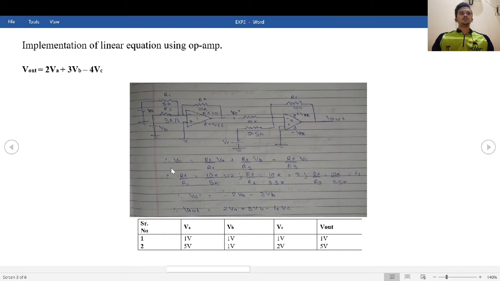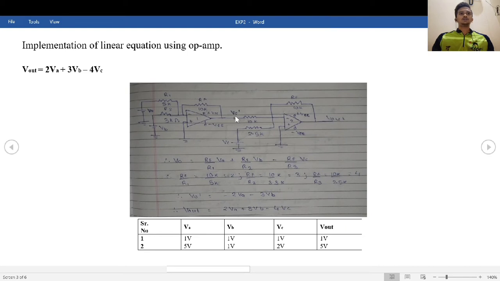So our output will be RF by R1 into VA plus RF by R2 into VB minus RF by R3 into VC. The RF by R1 combination will be 10K by 5K, which is equal to 2, RF by R2 combination will be 10K by 3.3K, which is equal to 3, and RF by R3 combination will be 10K by 2.5K, which is equal to 4.